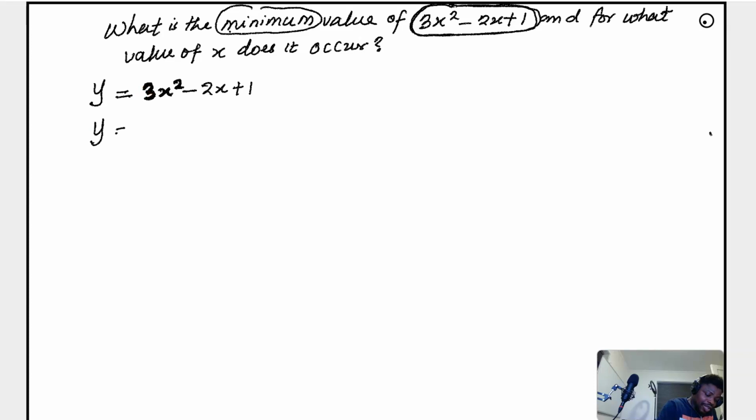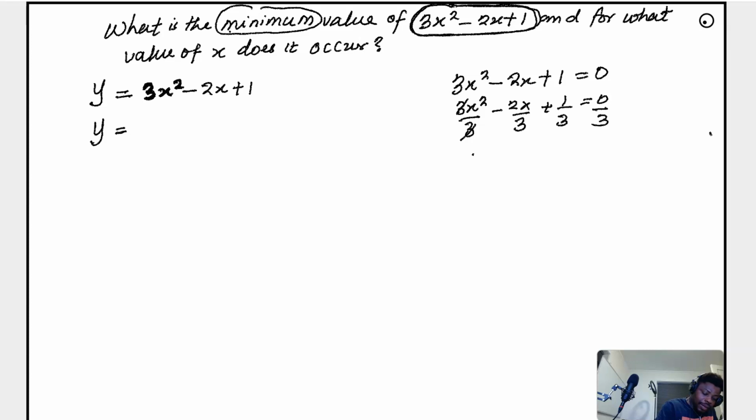So in your mind, okay, let's write it somewhere here first so you can understand what I'm saying. Let's say it's equal to 0. So divide through by 3. If you divide through by 3, this we cancel this. So x squared minus 2 over 3 x plus 1 over 3 is equal to 0. That is what you are going to get.